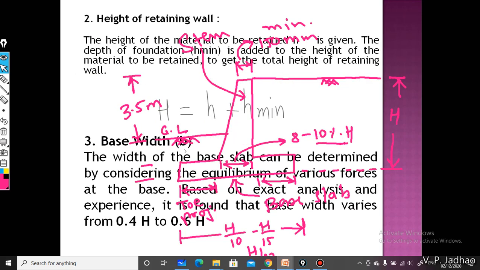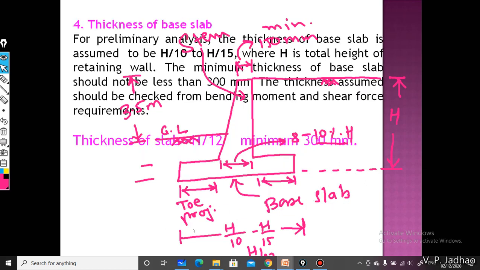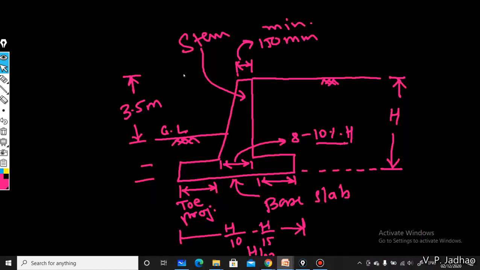Sorry, there is some mistake. Base width is 0.4 to 0.6 H, and thickness is H by 10 to H by 15.